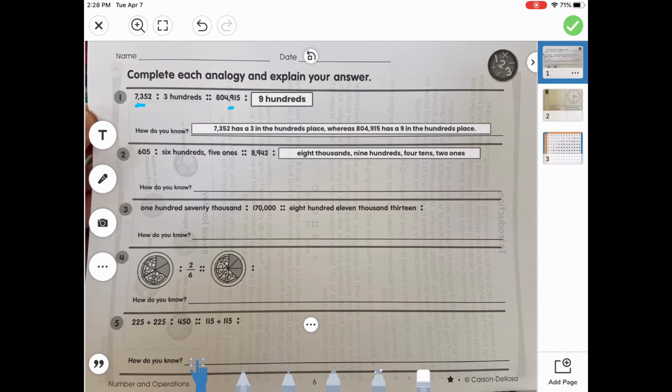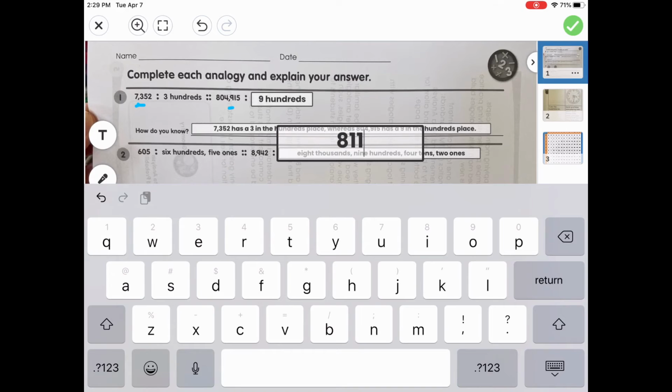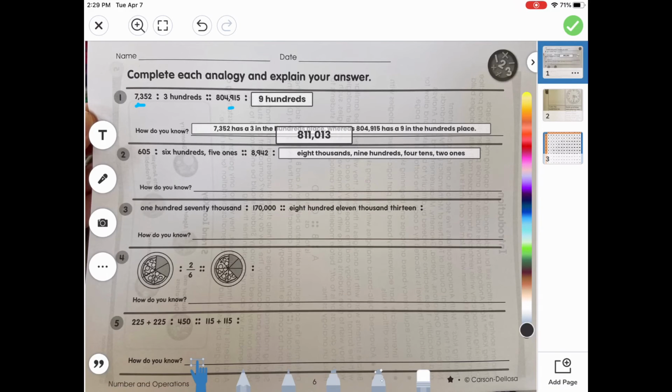Number 3 says 170,000 in word form is to 170,000 in number form, as 811,013 in word form is to 811,013 in number form.